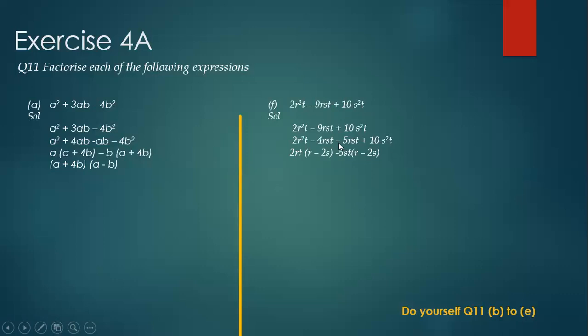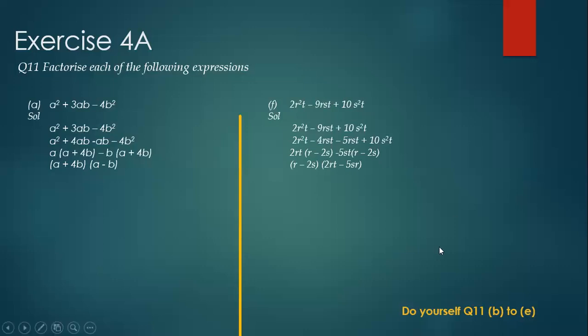And when you take minus 5st as common, you get r minus 2s inside the bracket. Remember that both of these brackets should be similar. So you're going to write the common factors first, which is r minus 2s, and then the uncommon factors, which is 2rt minus 5st.